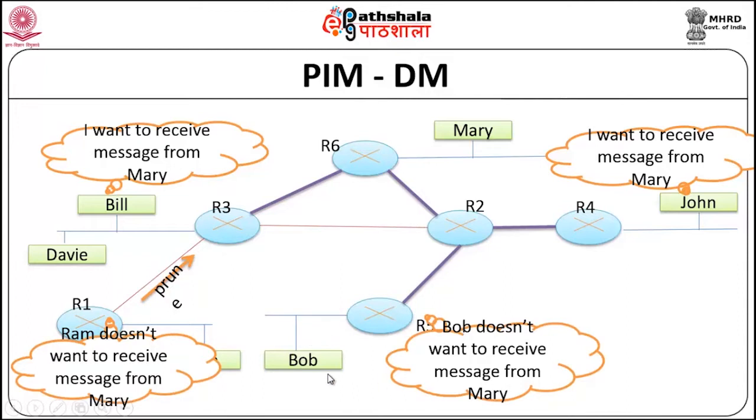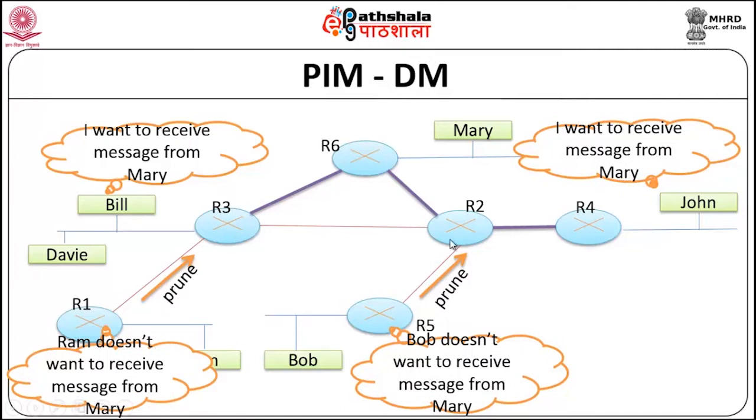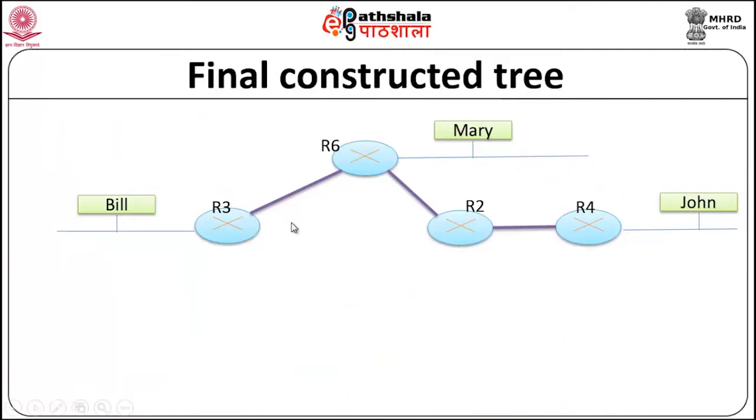Similarly, Bob also will not be interested in receiving any message from this group. So, this router here, R5, also does not have any members, therefore this will also send a prune message. So, once the prune messages are sent, you can see what will happen. The final tree is constructed with R6 connected to Mary, and then R2 and R4 to reach John, and through R3 you can reach Bill.